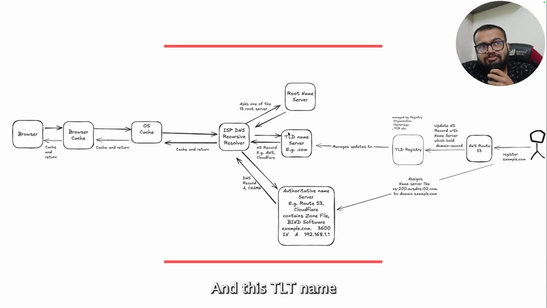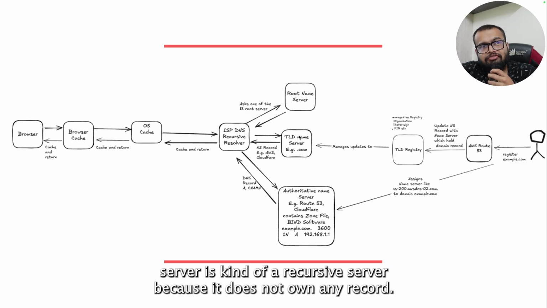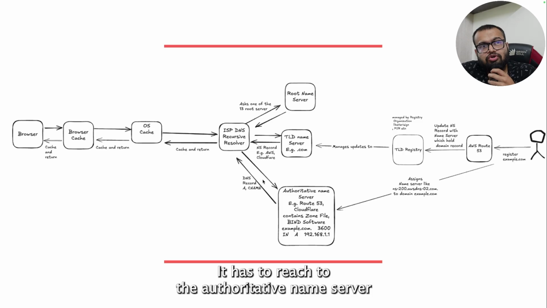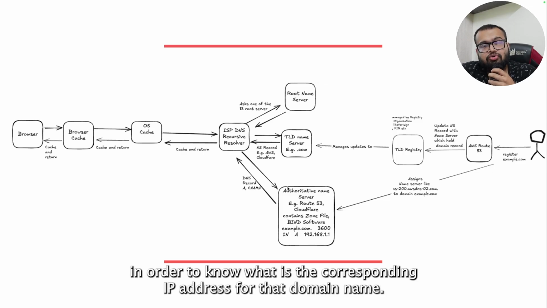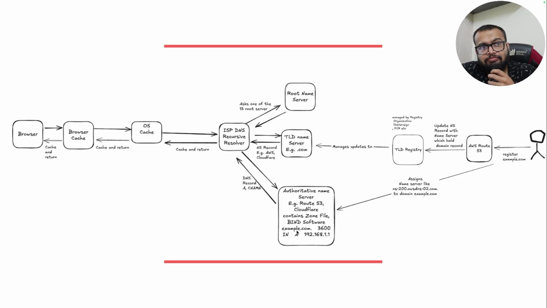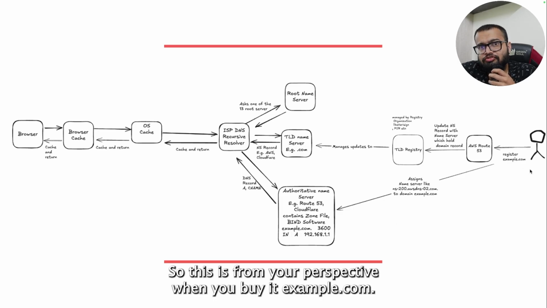This TLD name server is kind of a recursive server because it doesn't own any record. It has to reach the authoritative name server in order to know what's the corresponding IP address for that domain name.